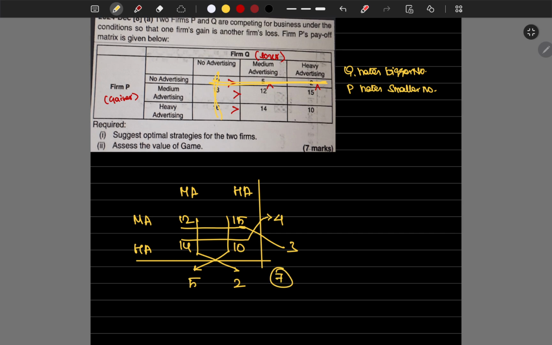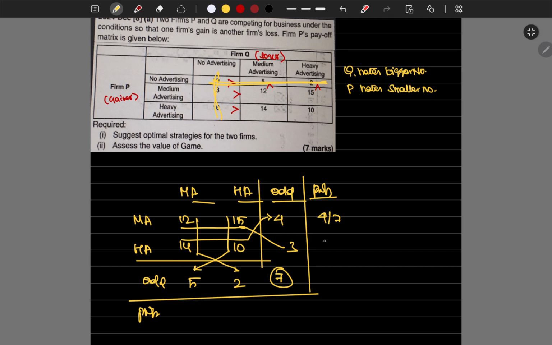If you total this, you will get 7. So build the probability, that is our optimal strategy. These are the odds we have to find, and then find the probability. Probability is 4 by 7, 3 by 7. Here the probability is 5 by 7, 2 by 7.